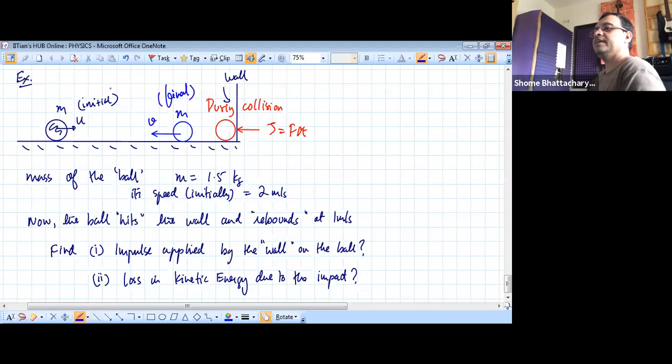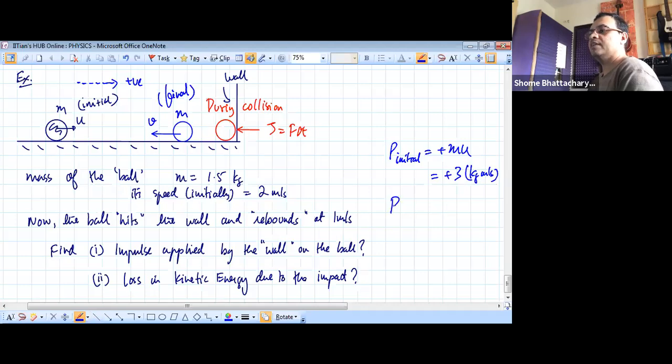Okay. So if I take this direction as my positive x-axis, my initial momentum of the ball is how much? It is plus mu, so it is positive of 1.5 kg into 2 meters per second. So it is positive of 3 kg meter per second. But what about my final momentum?